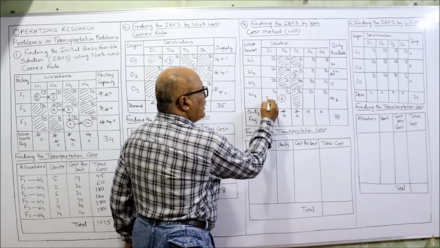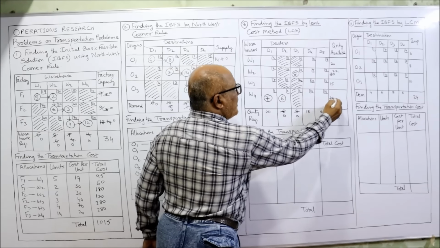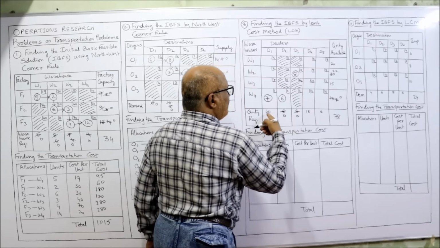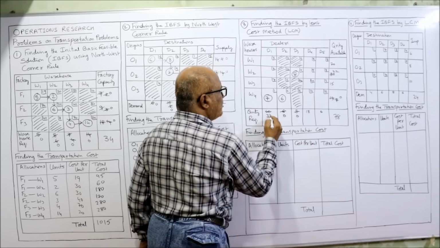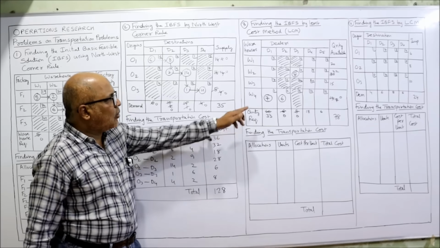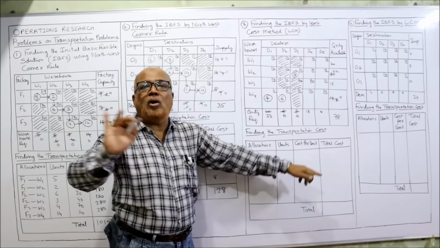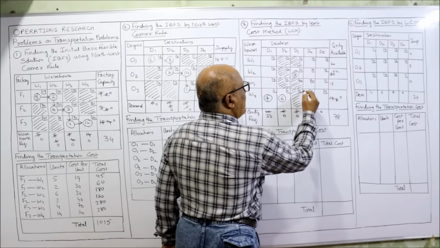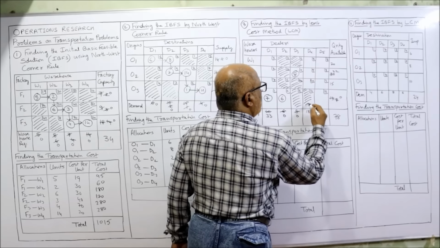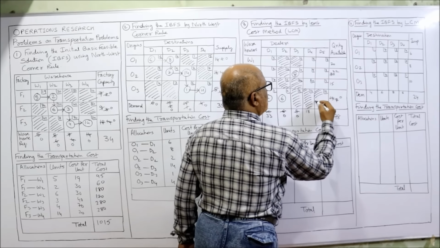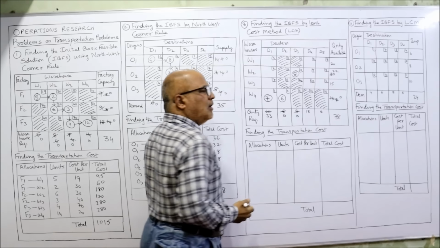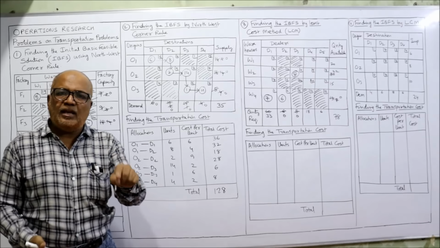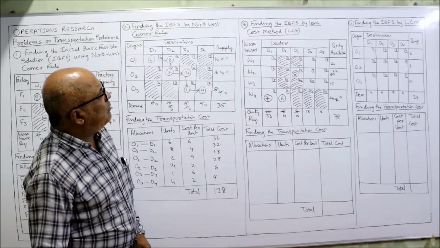So here I am allocating 7. So 7 minus 7 will become 0 and 40 minus 7 will remain 33. The row has become 0. So block the row. I am blocking the row like this. Over.